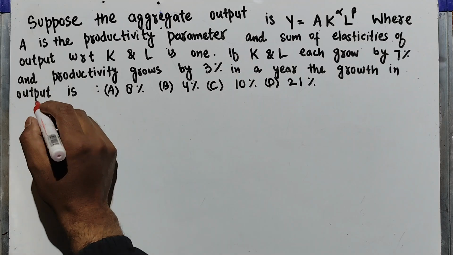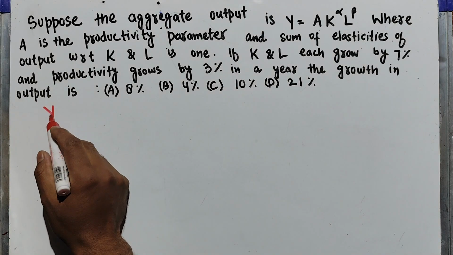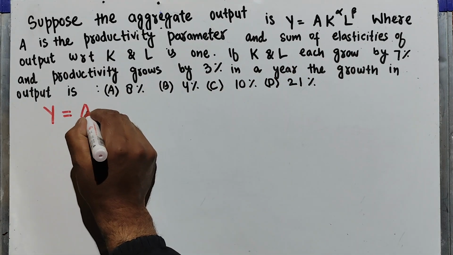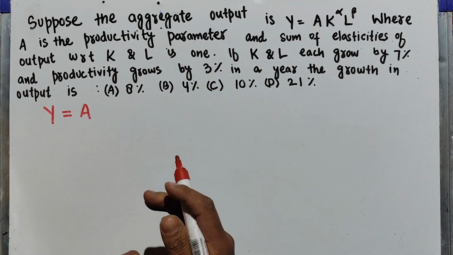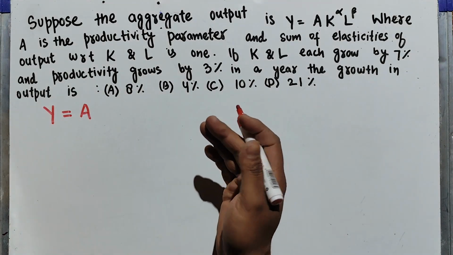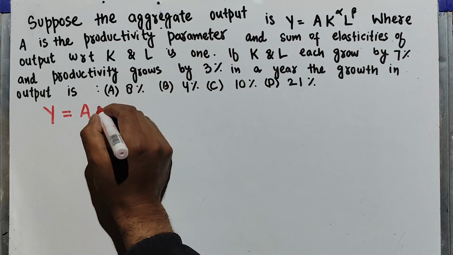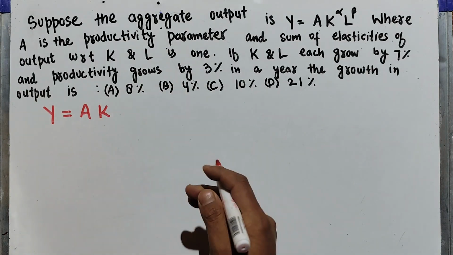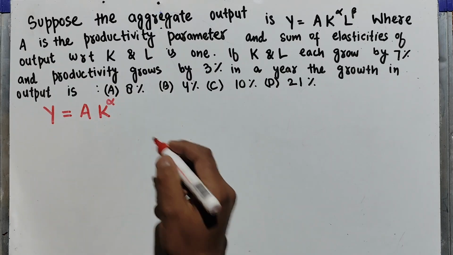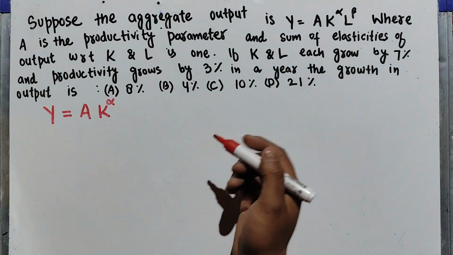So, what are we being given? We are being given a Cobb Douglas production function, where output is a function of A, which denotes the productivity parameter, the growth which is not explained by capital and labor, the inputs. K denotes the units of capital employed, raised to the power alpha, which denotes the output elasticity of capital, the share of capital in total product.